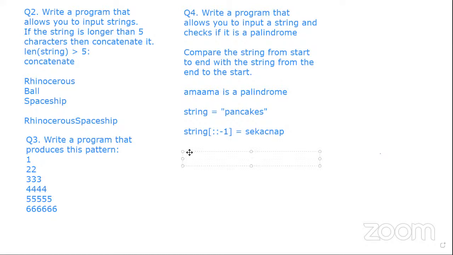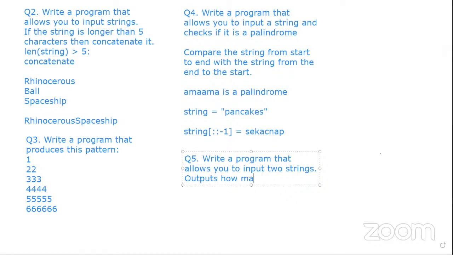Okay, so Adam, for question 5, this will be a bit of a challenge, but I'm sure you'll manage. The question is, write a program that allows you to input two strings, and outputs how many characters match.